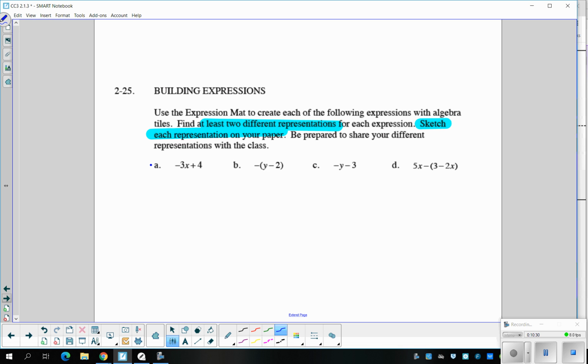I'm going to cross out A, and then I'm going to cross out D. So we're going to do B and C. I want you first to pause the video and see if you can find at least 2 ways that you could draw these algebra tiles on the expression mat. Then I'll go through a couple ways that may or may not be the exact same that you did. So pause the video and do B and C on a piece of paper.